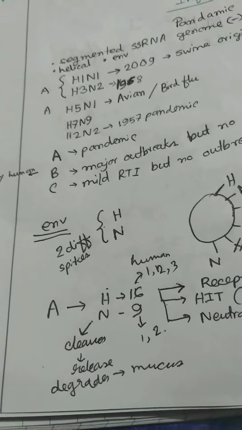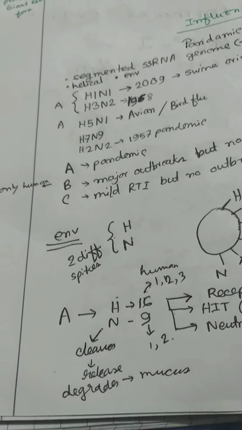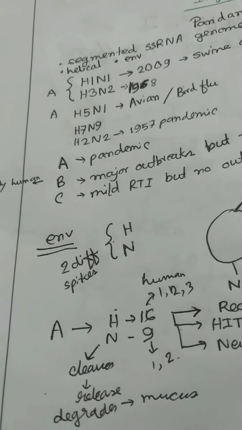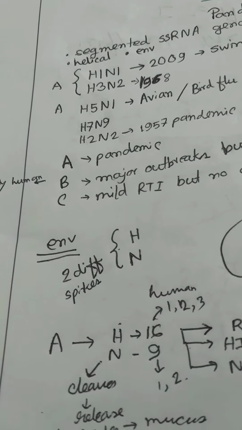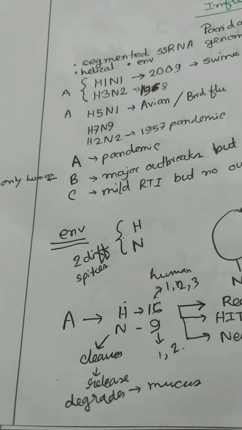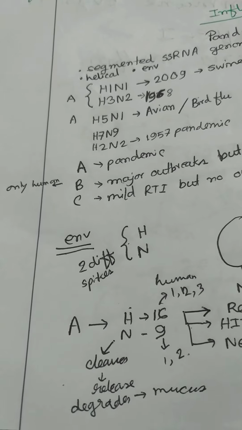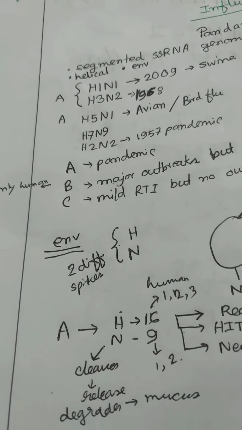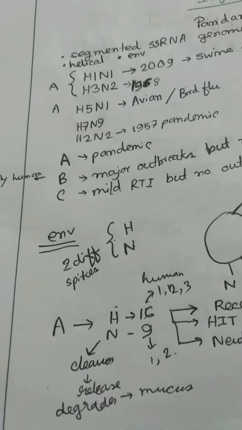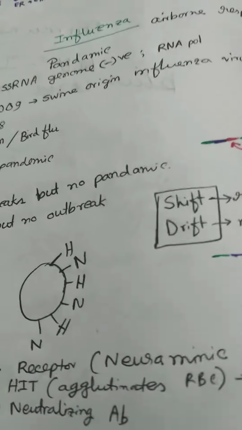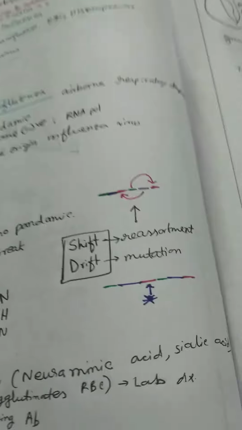So here we can see that neuraminidase is important at the last stage, that is during the release of progeny virus, and hemagglutinin is important during the first stage, that is the binding of the virus with the host cell receptor, that is the neuraminic acid receptor and sialic acid receptor.